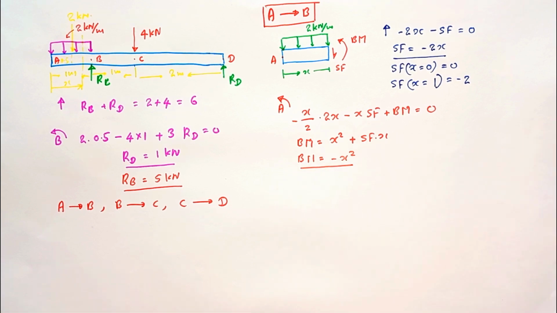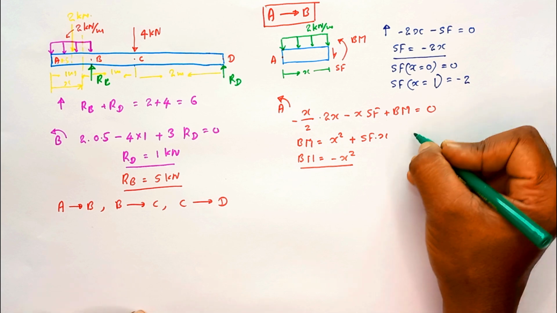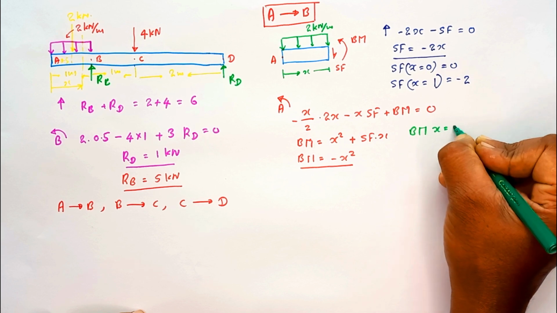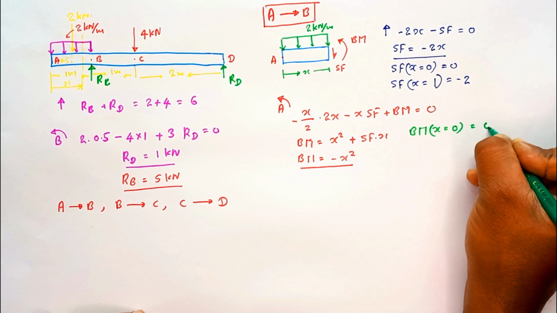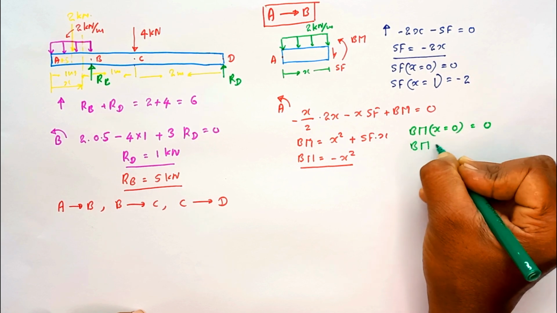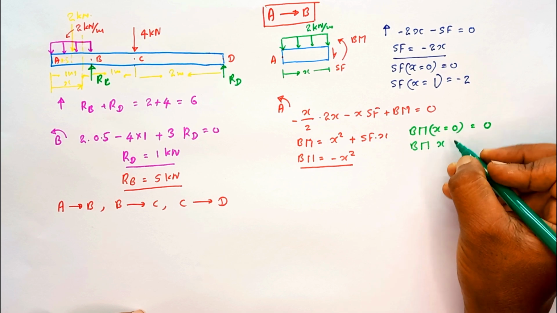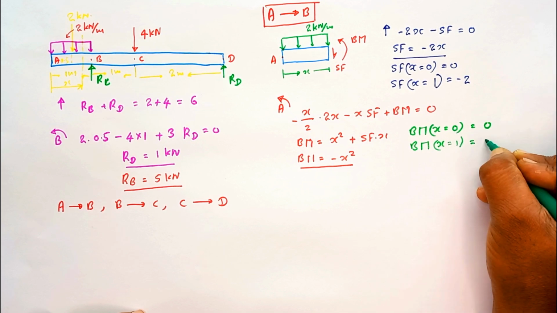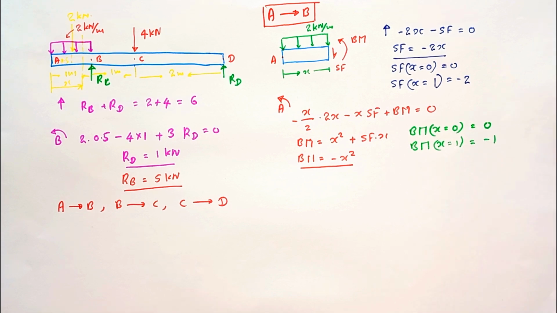This is how the bending moment varies throughout the length of the A to B region. The bending moment at x equal to 0 is 0, and at x equal to 1 it is minus 1.